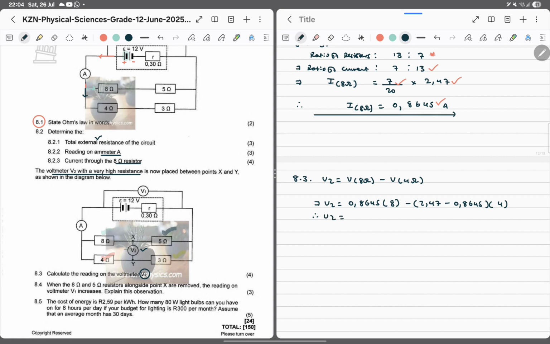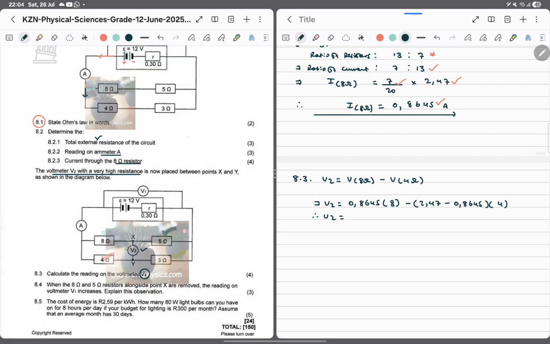Whether it comes out negative, it means we inverted the equation. If it comes positive, then it means we did it okay. 0.8645 into 8 minus 2.47, was it the total current? Yes.